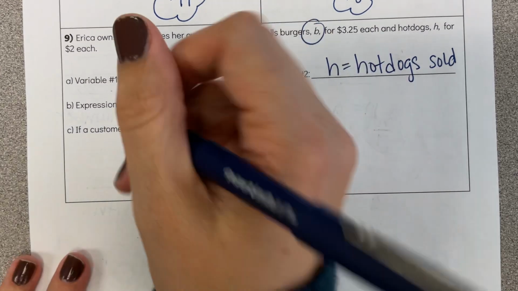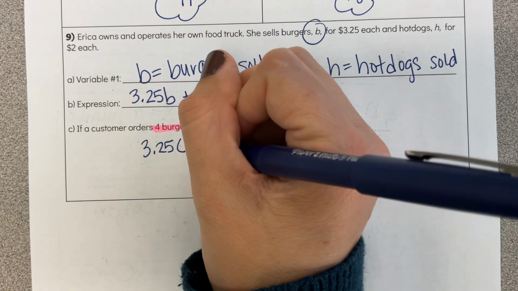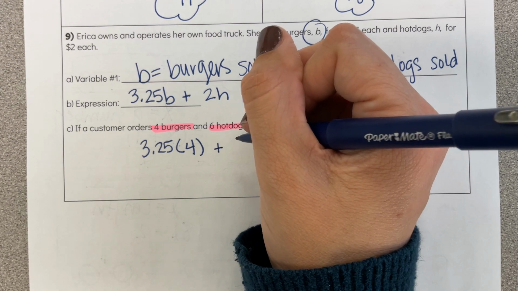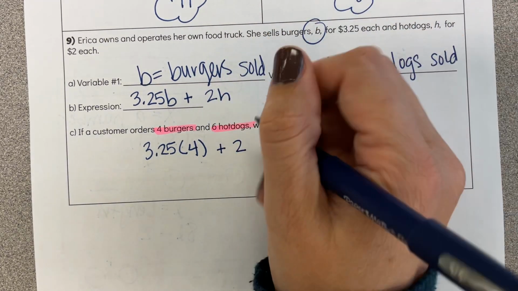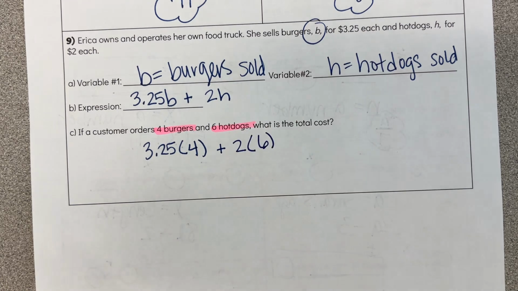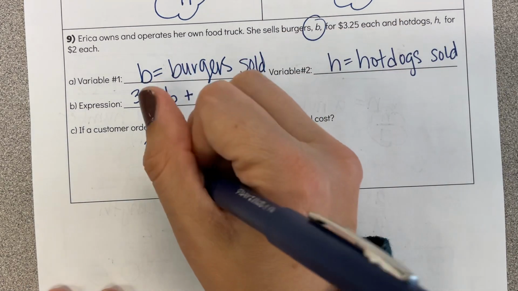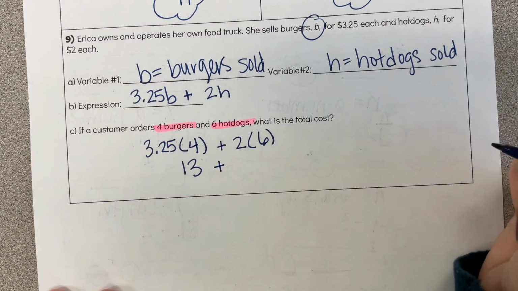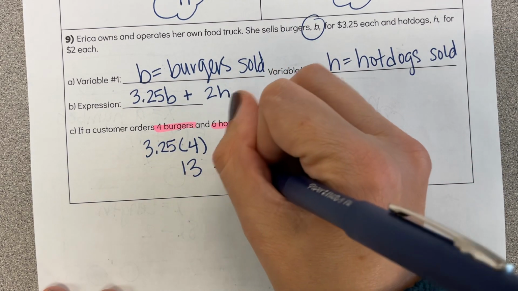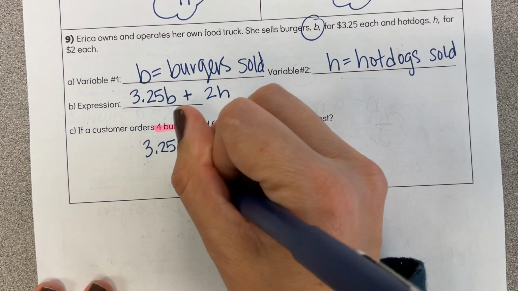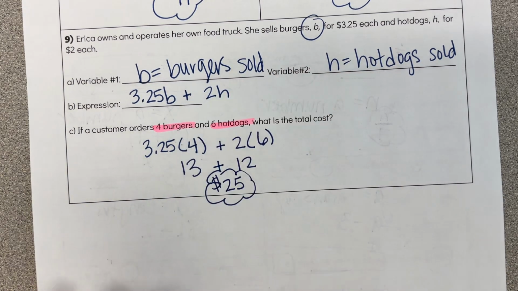So we're doing $3.25 times 4 burgers, plus we are doing 2 times 6 hot dogs. So $3.25 times 4 is 13, plus 2 times 6 is 12. When we add 13 plus 12, we get $25.